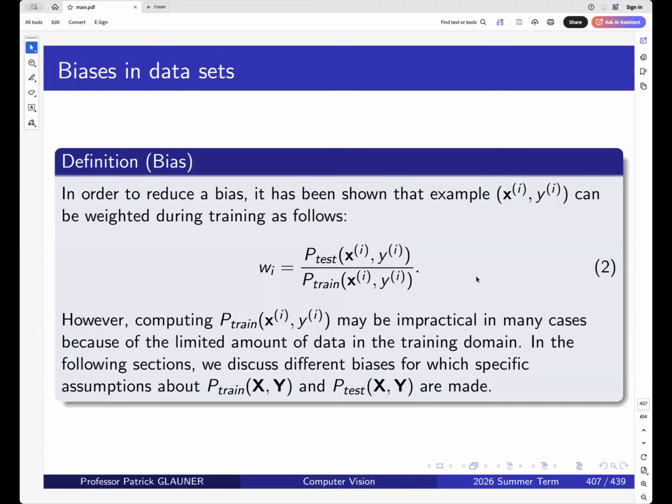Now, we can do this, but in practice, calculating the weight like this does not work very well. It's actually highly impractical in many cases because in machine learning, we have the curse of dimensionality. Who of you has heard this term before, curse of dimensionality? It's definitely something that should have been mentioned in your machine learning course.